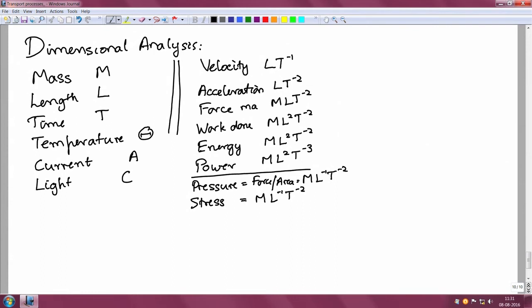Now, we often deal with the fluid density, the mass per unit volume of the fluid. So, the density is an important quantity. It is written by the symbol rho. Density is mass per unit volume. Volume has dimensions of length to the 3 power. So, this is m L power minus 3.